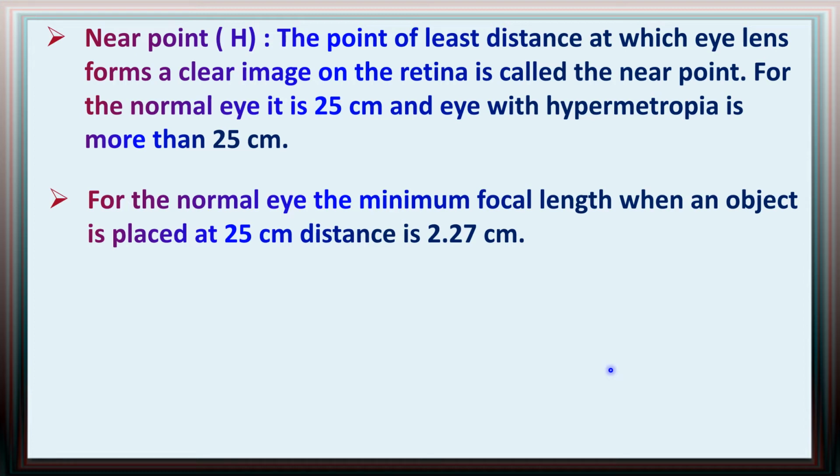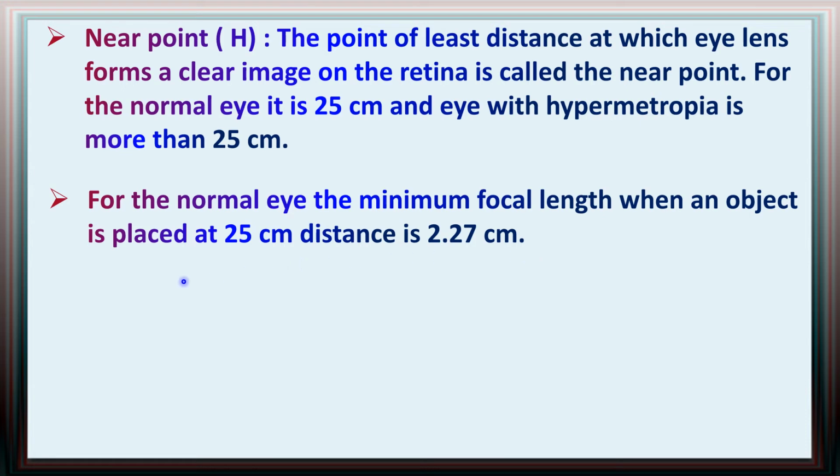F maximum should be 2.5 centimeters and F minimum should be 2.27 centimeters. When the object is placed at a distance of 25 centimeters, the normal eye should have the minimum focal length of 2.27 centimeters.